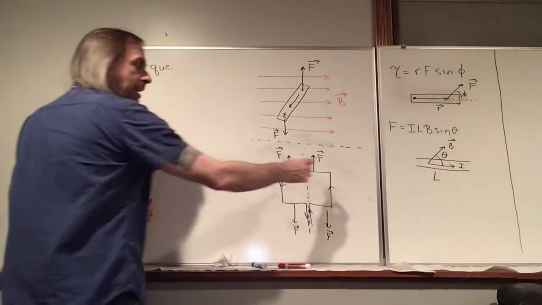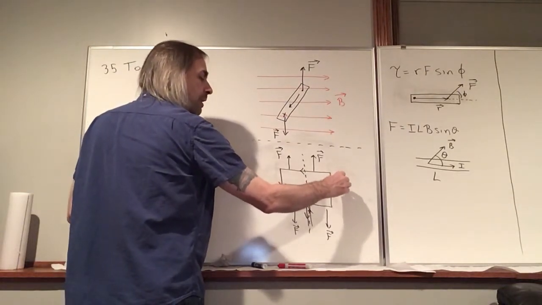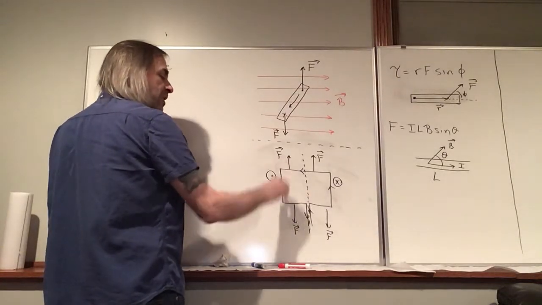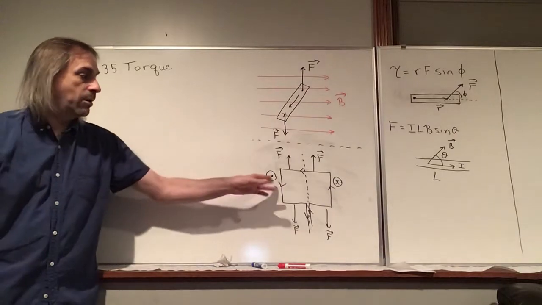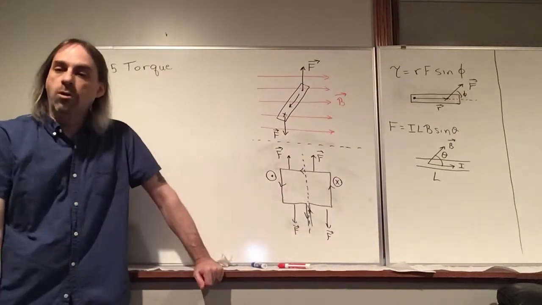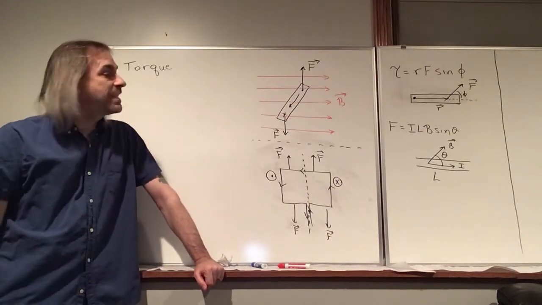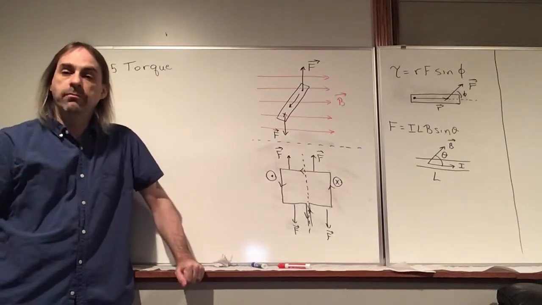And then this one's going to have a force that's into the board here, and a force out of the board on this wire. And so these will provide the torque that's going to cause this entire coil to rotate. So that's the idea. And what we want to do is calculate the torque on this coil.